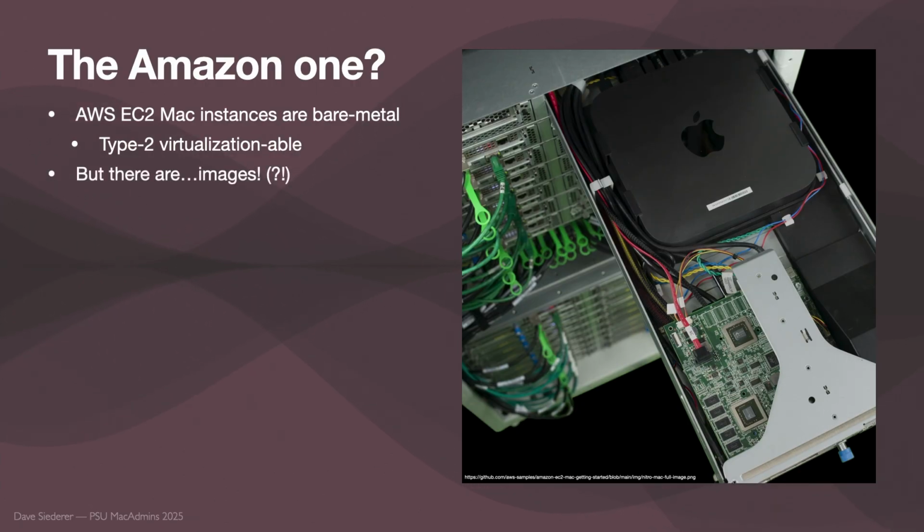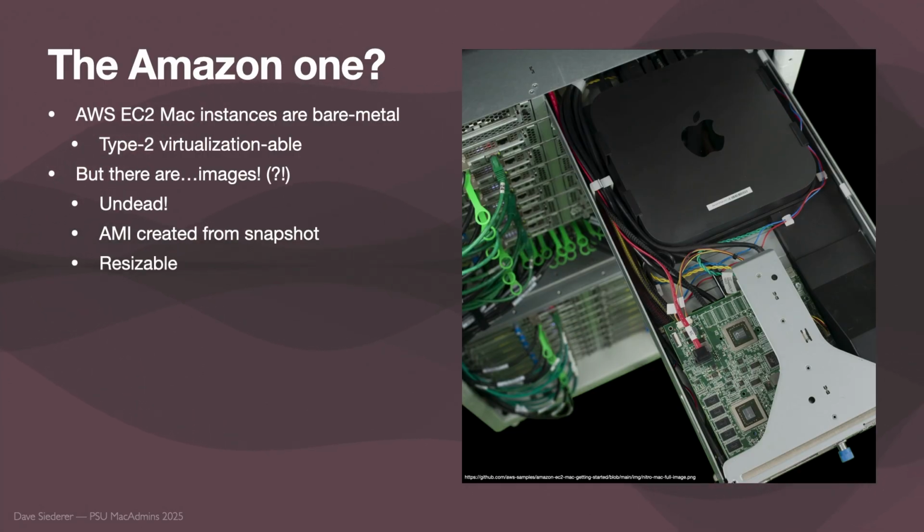And there are images. Images are in the cloud. This is a real thing, and it can be really useful as long as you know how to use it. But I would say of the folks in this room, a lot of those caveats are probably things that we're pretty familiar with. You're creating this image, an Amazon Machine Image or an AMI, from a snapshot, and you can even resize that as you need it to.